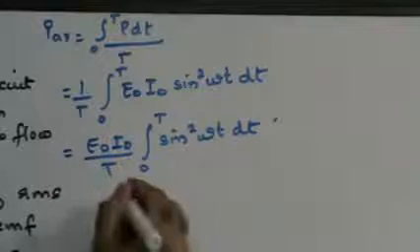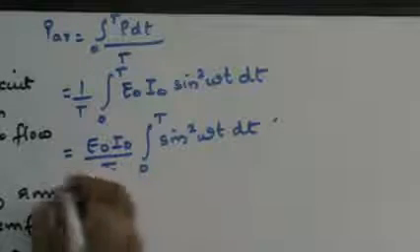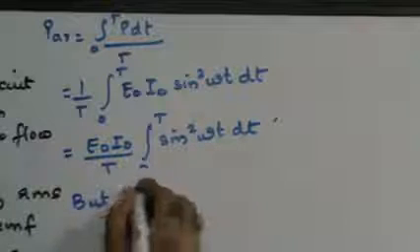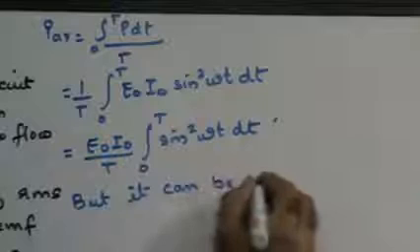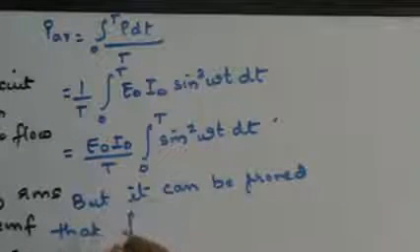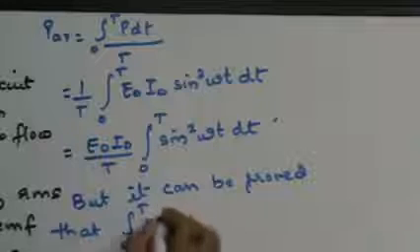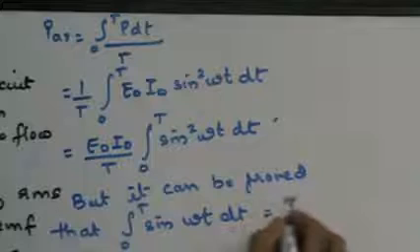So in that case I can say, it can be proved that the integral of 0 to T sin square omega t dt is nothing but T by 2.